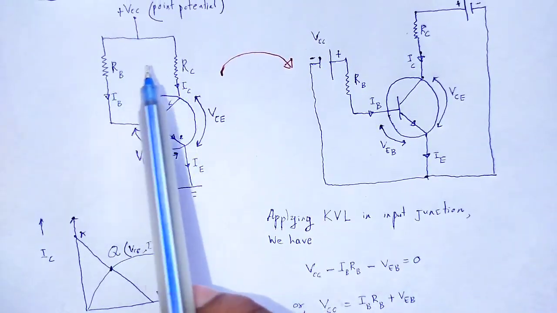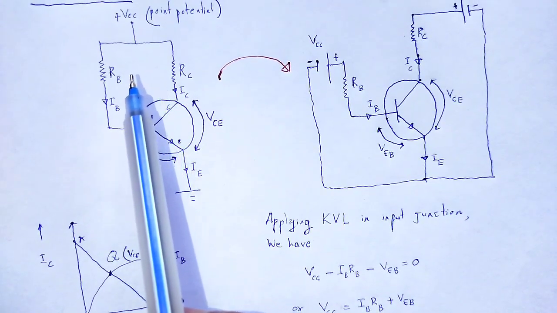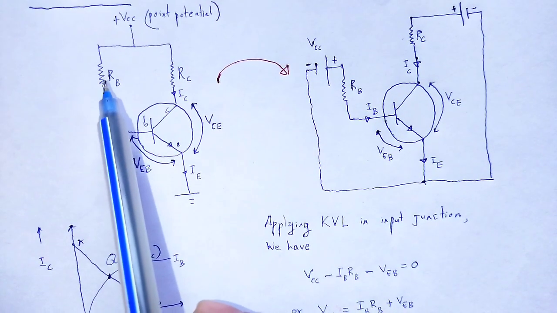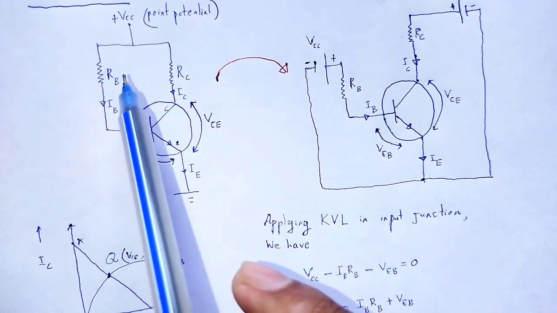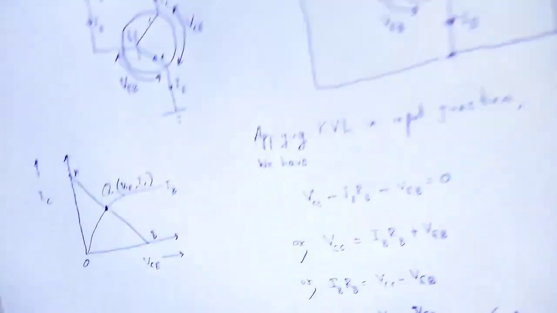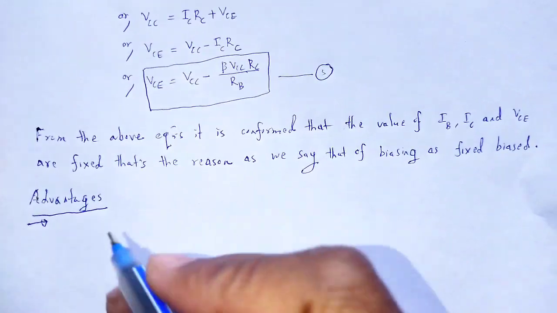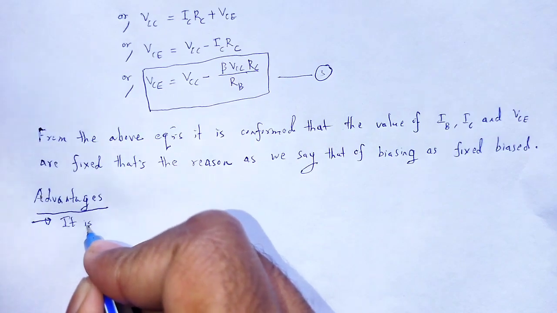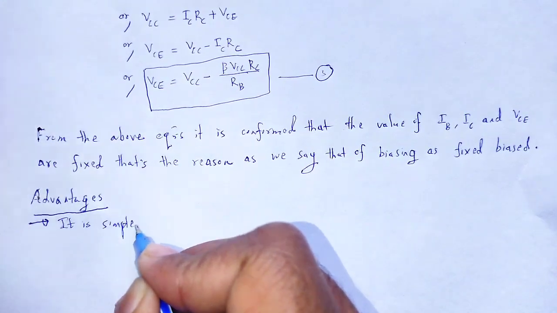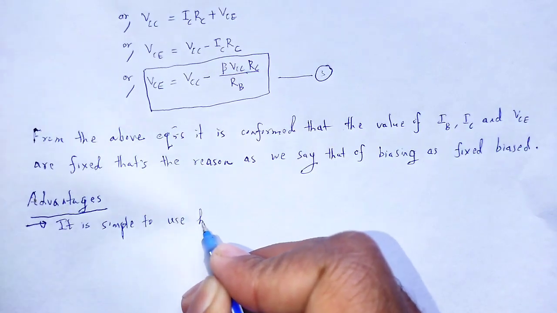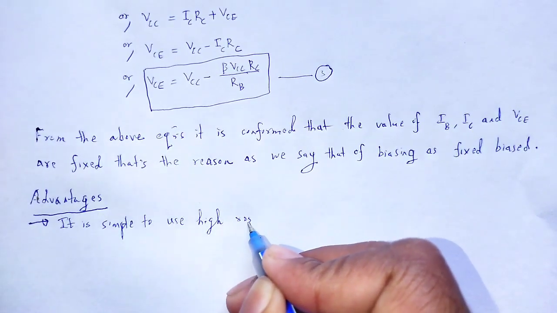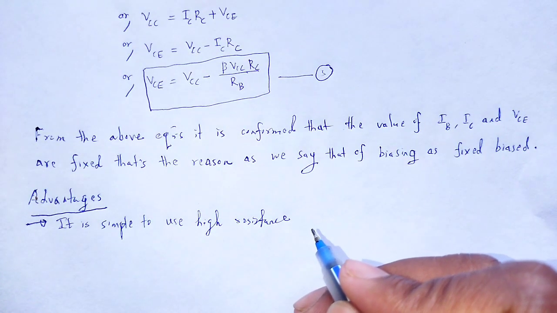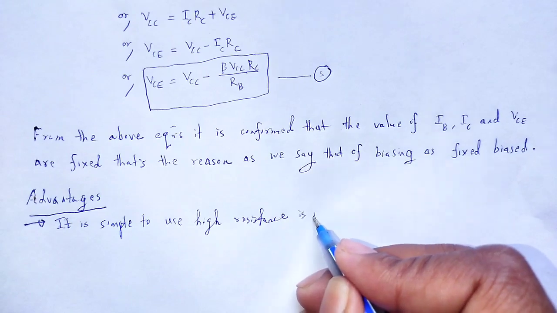As we use resistors, it is very simple, because we use high resistance as far as our necessity is concerned. It is simple to use high resistance where necessary.